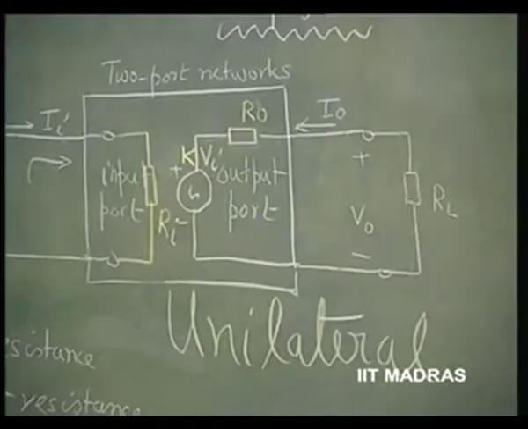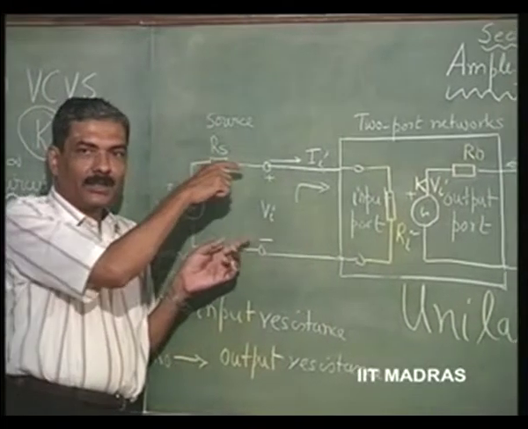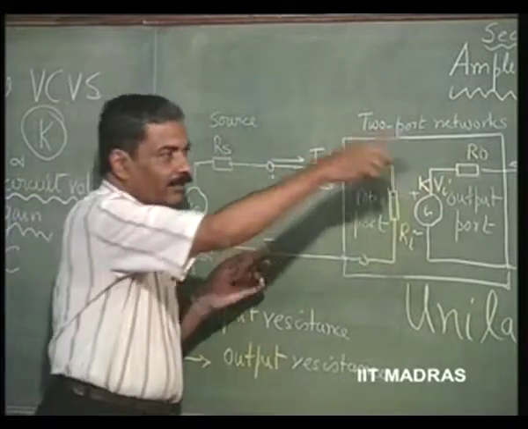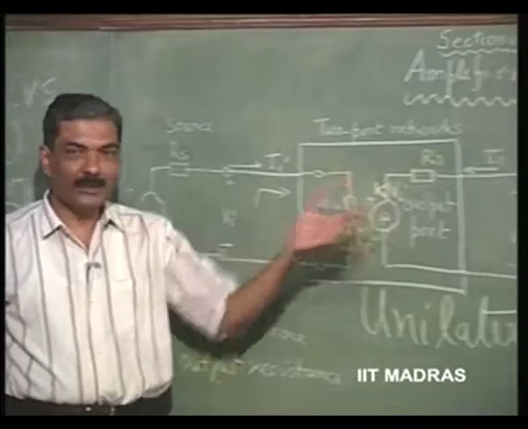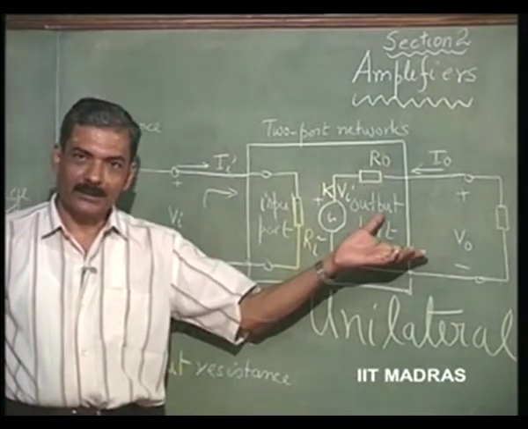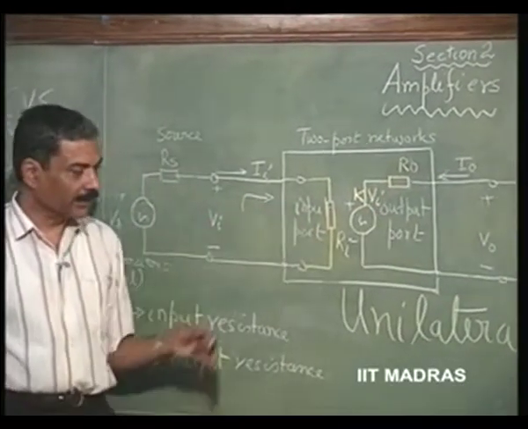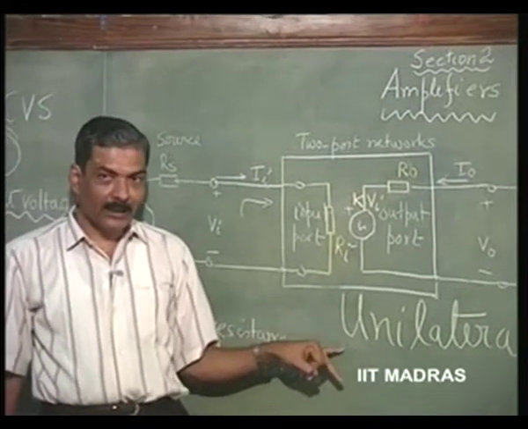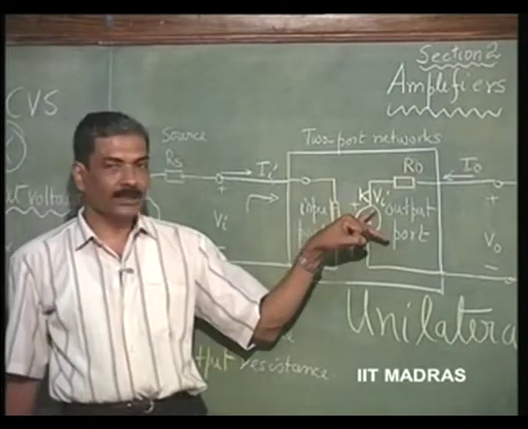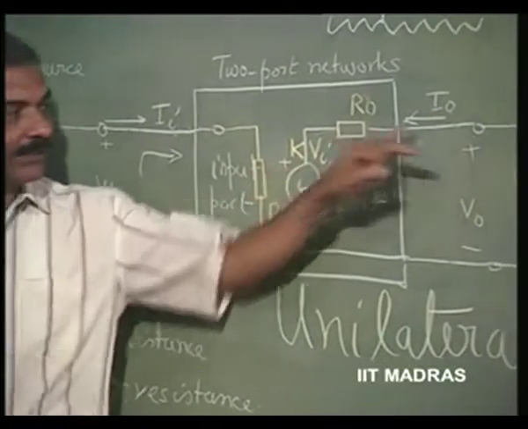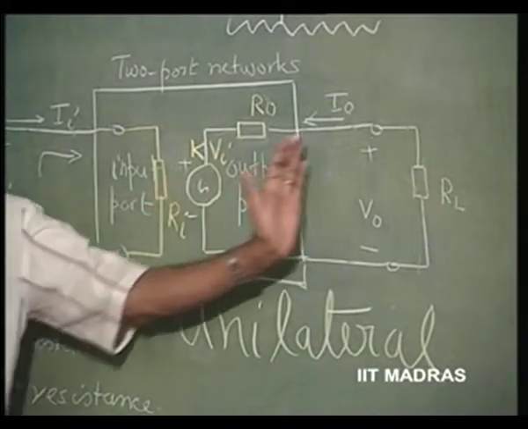That is, whether I apply voltage here and obtain a voltage there, or apply voltage there and obtain a voltage here, there is transmission in both directions, and it behaves almost identically in both directions. Whereas, in this particular case, when I apply Vi here, this Vi gets transferred to this side as k times Vi, and the effect of that appears here. So, the transmission is possible only in one direction.